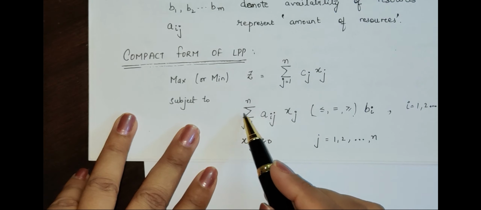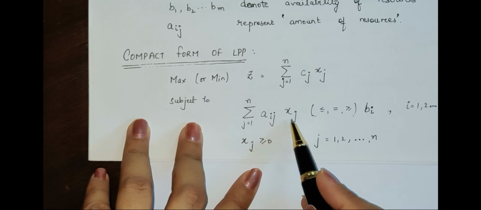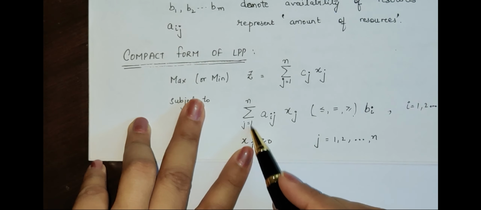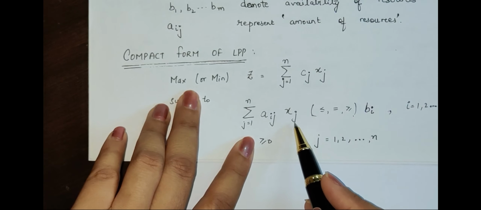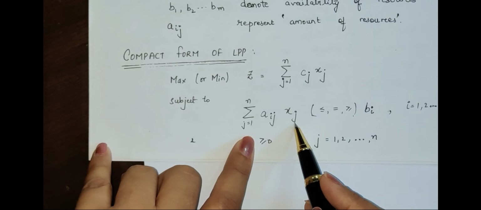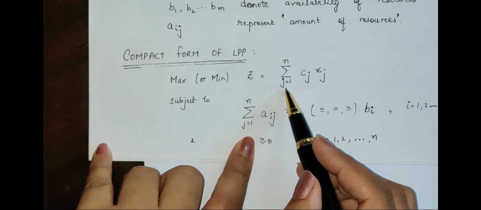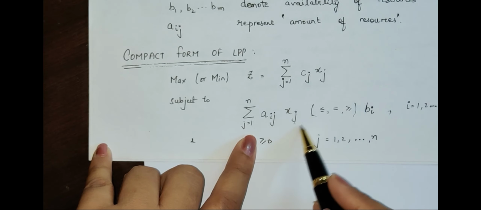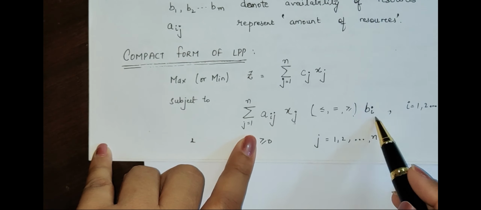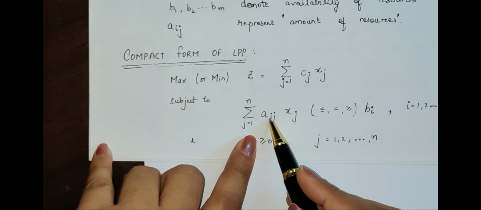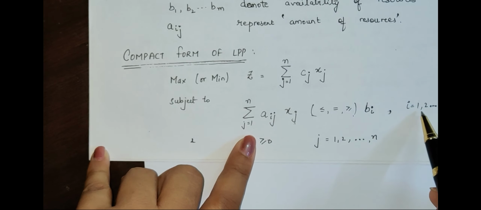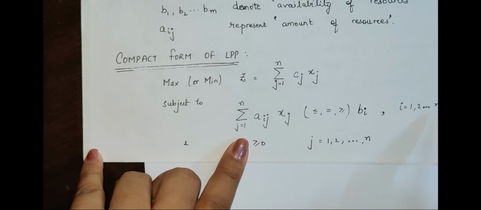I write it in this way: summation aij xj, where j is going from 1 to n, because j means the number of decision variables, those were n. Initially also I used the symbol. Now there are m such equations, so that's why i is also there, and i is going from 1, 2 till m. So this denotes there are m equations in our LPP.